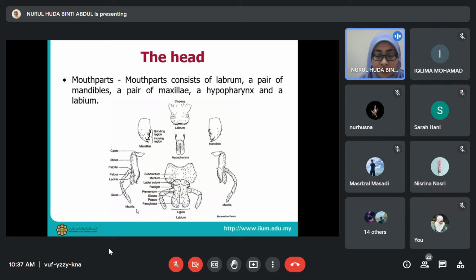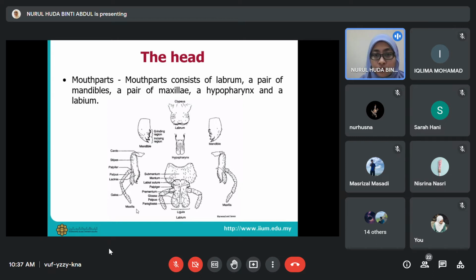They have legs, but the legs don't function to hold the prey. Some have legs that hold the prey, but in this kind of insects, they have maxilla to hold some part of the food, the part that they want to chew.